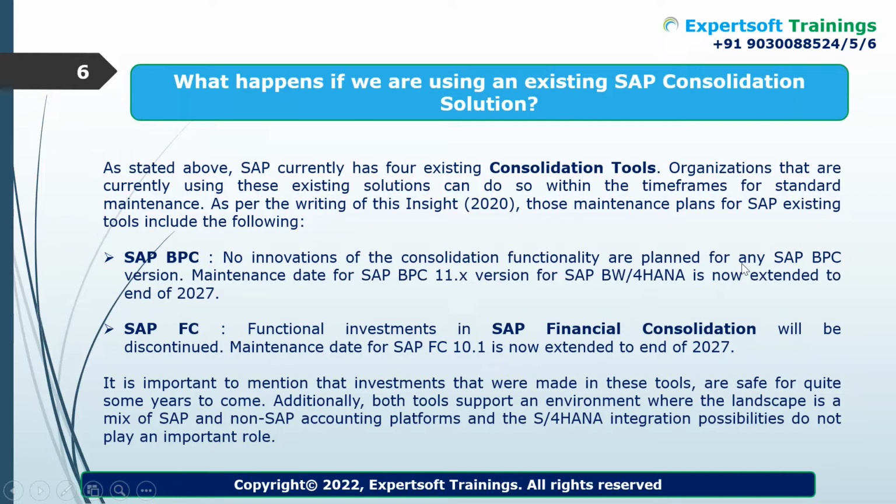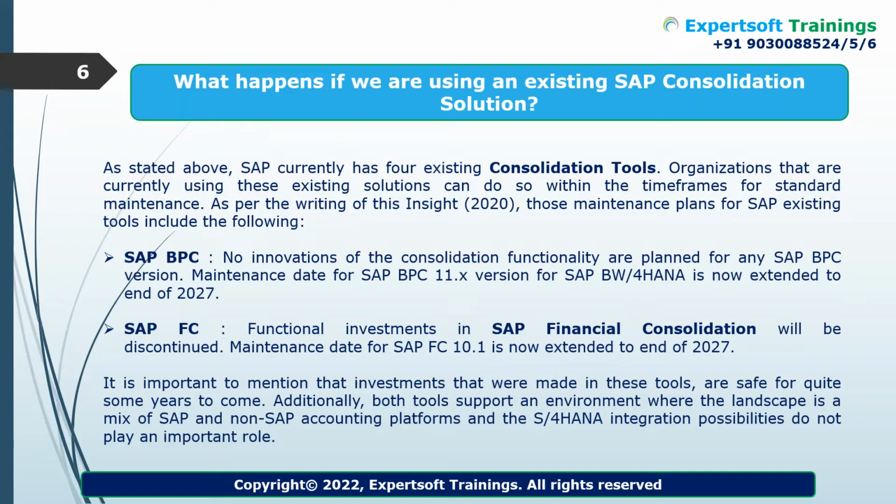SAP itself is saying that until probably a couple of years back there might have been some innovations, but when it comes to the latest update, they are not planning any innovations on SAP BPC, and the maintenance date is currently extended until 2027. That is the stand currently by SAP for SAP BPC.